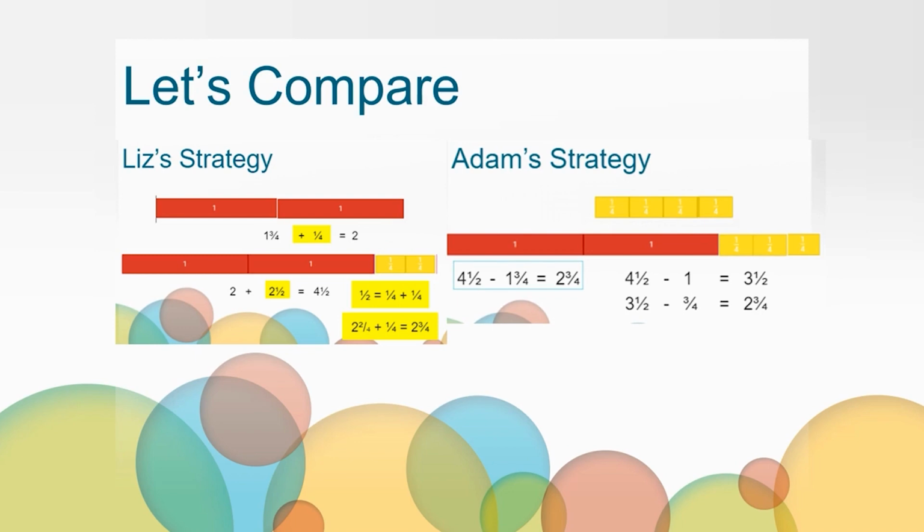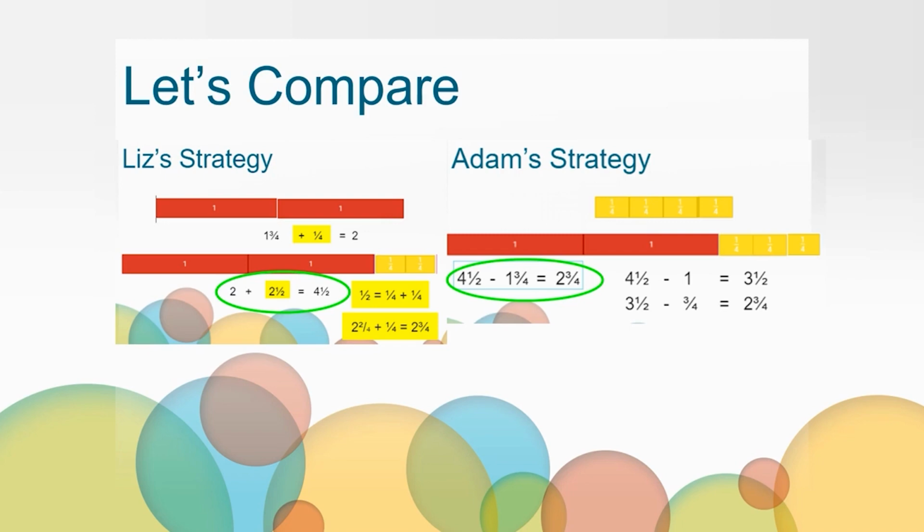Now, what about the differences? Well, they both started at different places. Liz added and Adam subtracted. Liz started with how much flour Mo already had and added on to that amount until she got to the amount he needed, whereas Adam started with the total amount Mo needed and took away the amount Mo already had.